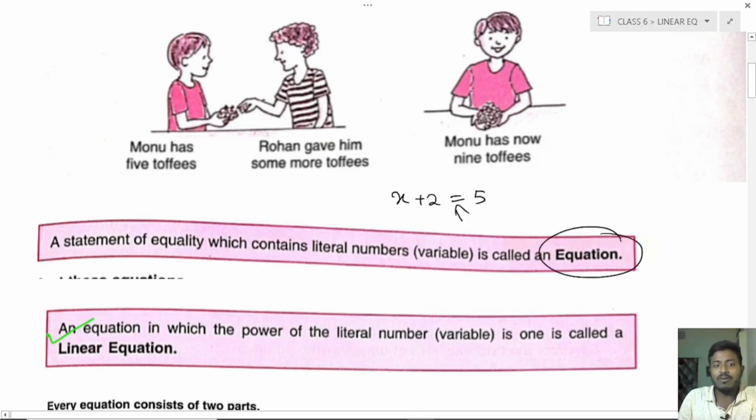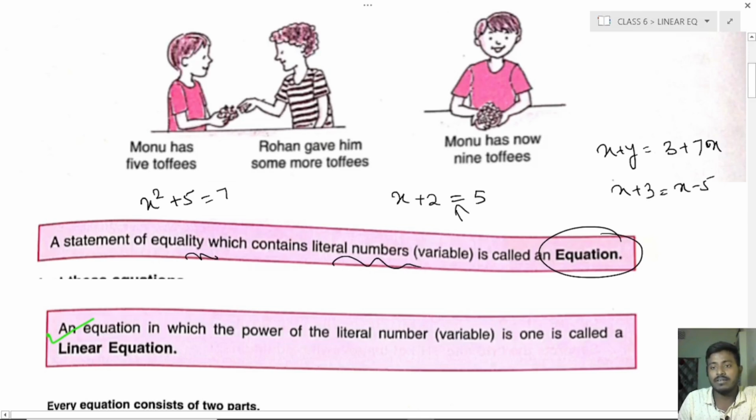A statement of equality which contains a literal number is known as an equation. Also we can write x square plus 5 equal to 7, or x plus y equal to 3 plus 7, 7x, or x plus 3 is equal to x minus 5.